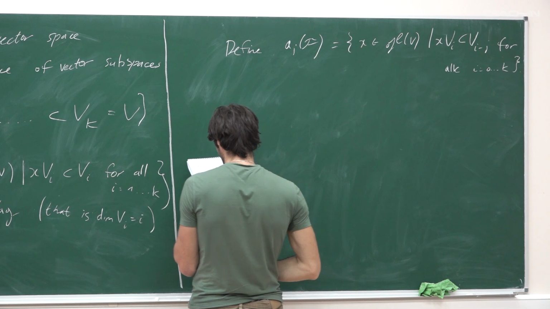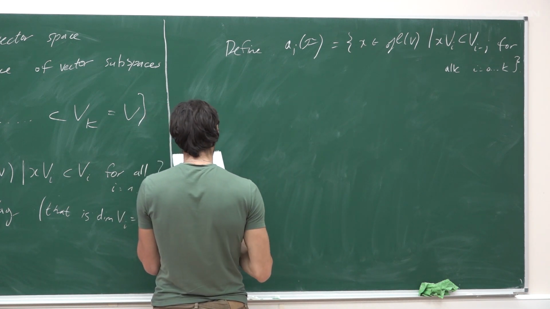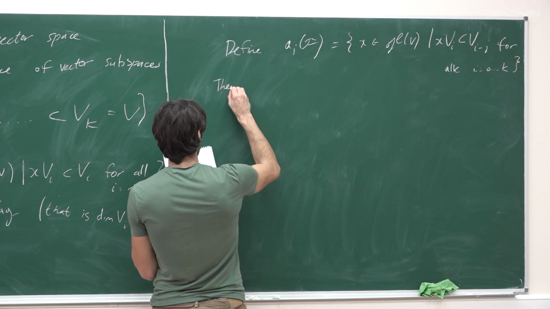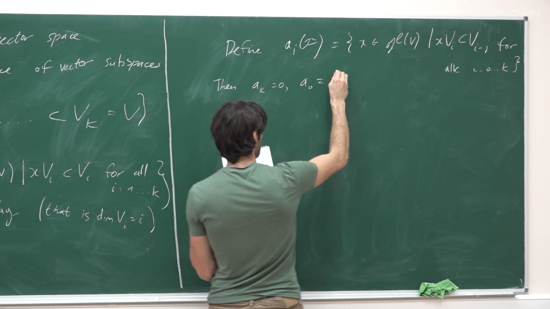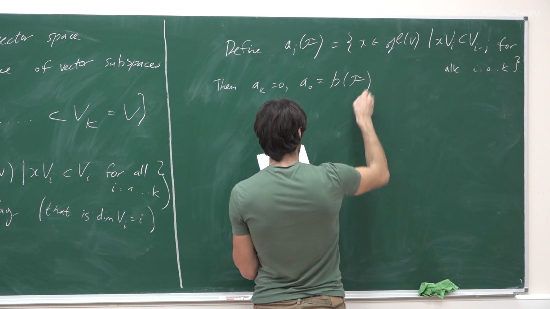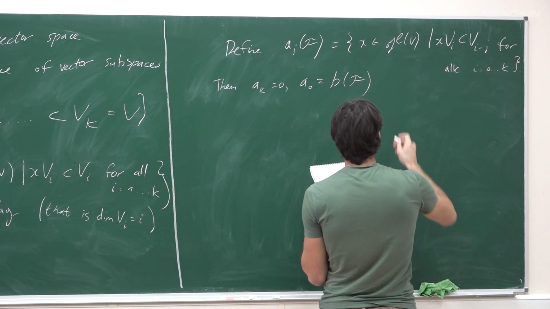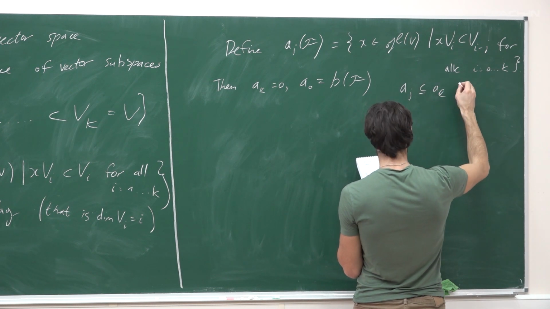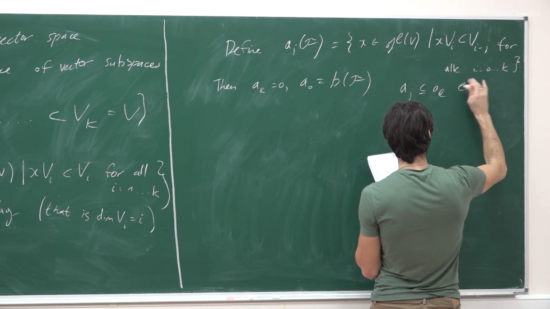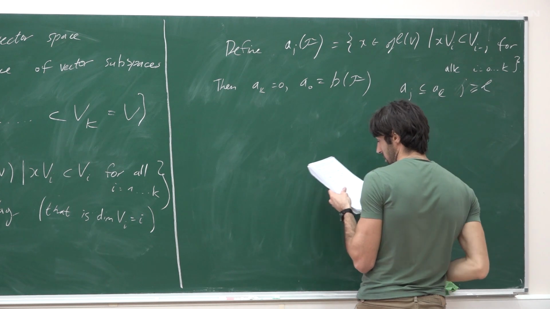So A_0 is, of course, B of F. A_k is just 0. What else? You have also A_j is inside A_l if j is greater or equal than l.